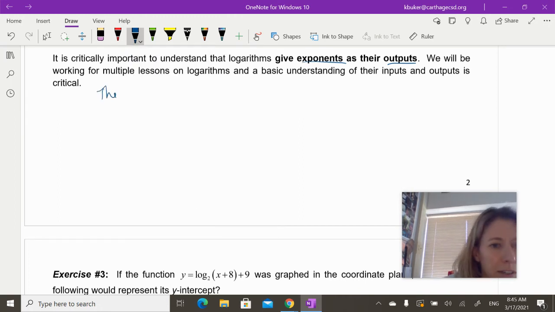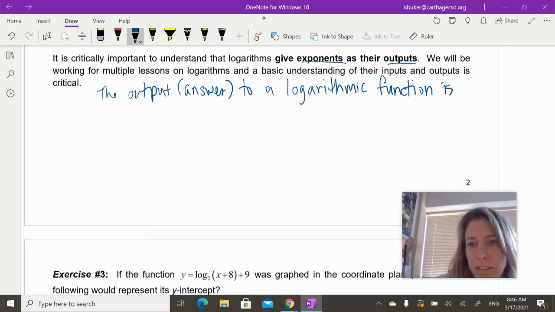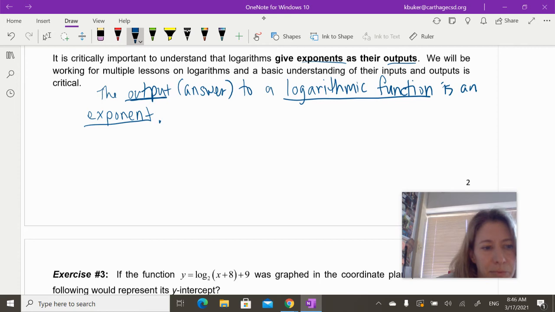Okay, so the output or the answer to a logarithmic function, the answer to a log is an exponent. The output or answer to a log function is an exponent.